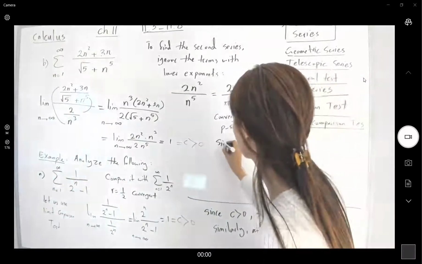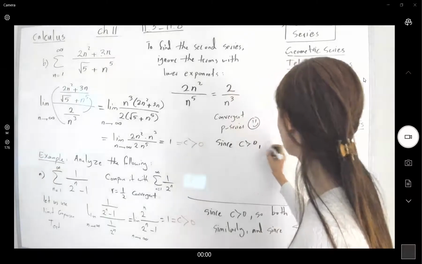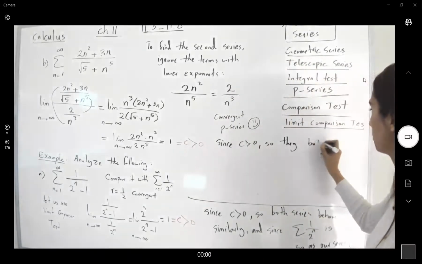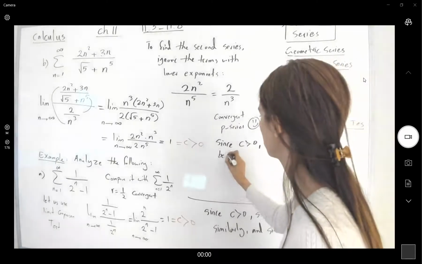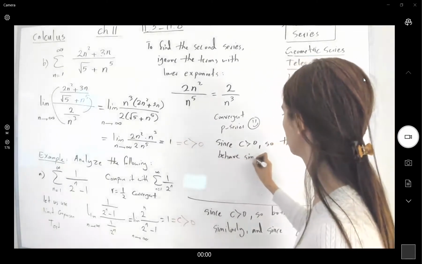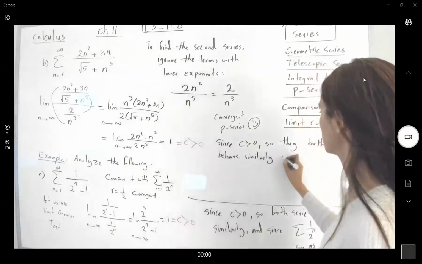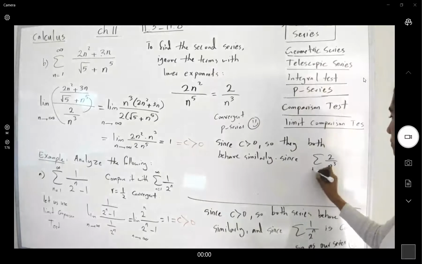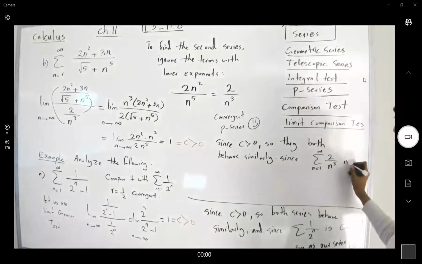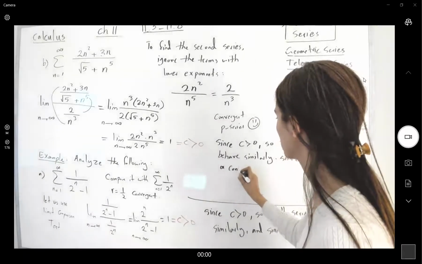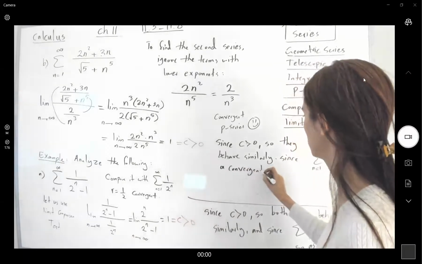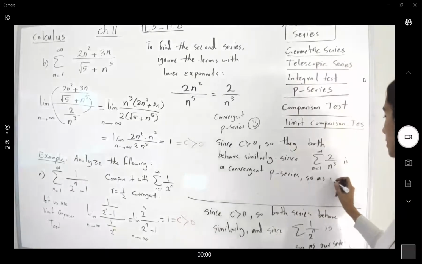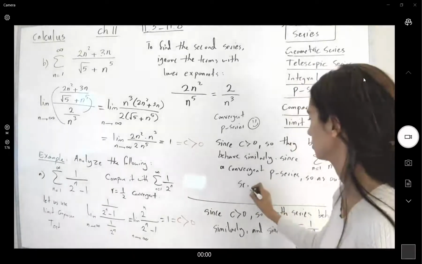Since c is positive, they both behave similarly. Since the series 2 over n cubed, from 1 to infinity, is a convergent P series, so is our series.